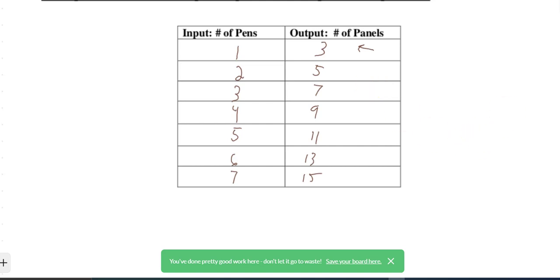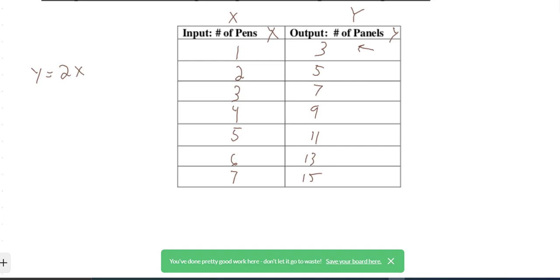I'm thinking if this is x, and this is y, we had x and y. If I were to write y equals, because it looks like we're increasing by 2, if I just wrote 2x, it wouldn't work for this first case.